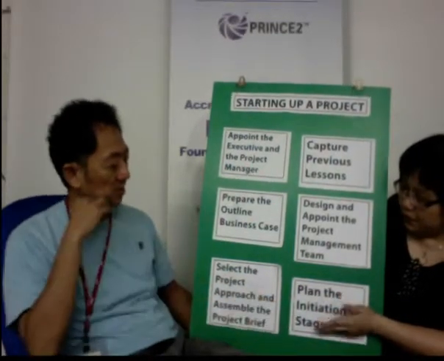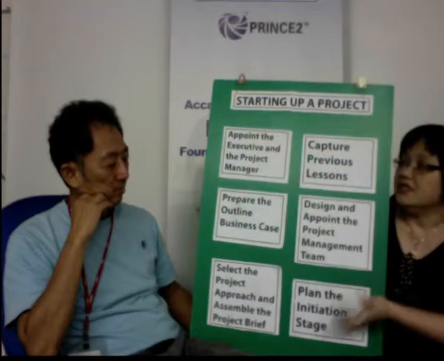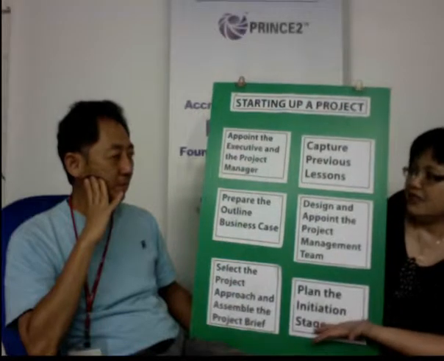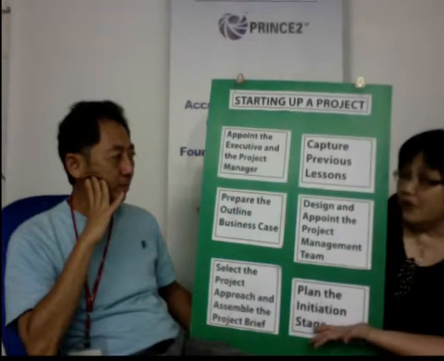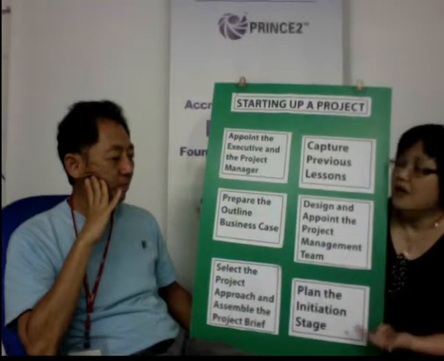Plan the initiation stage means we produce an initiation stage plan. That plan consists of the resources, whether the project manager alone can complete the task to do a detailed planning for the project, or you need additional people.